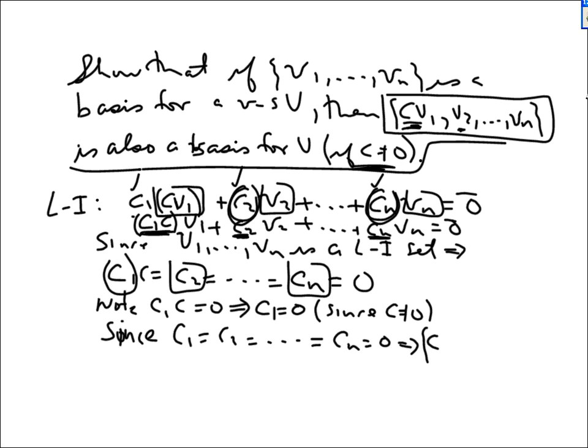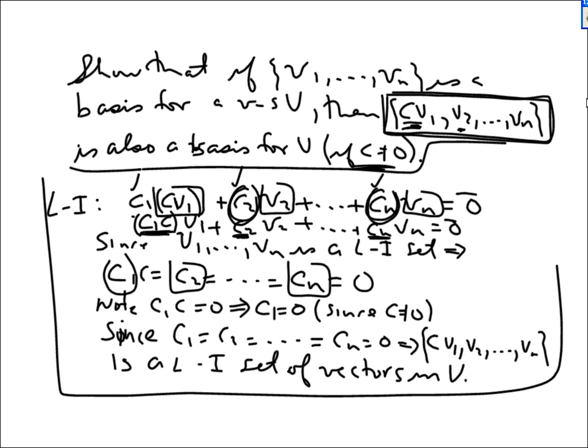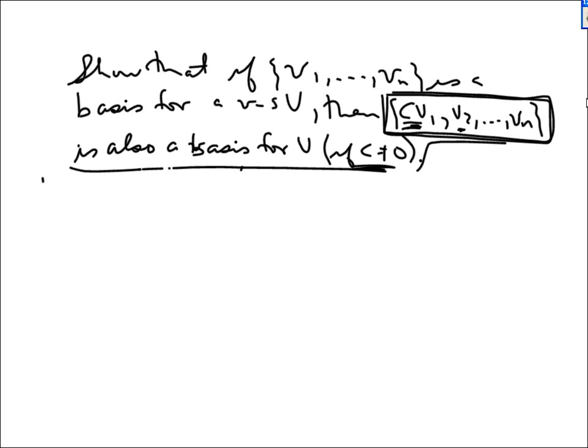That implies the set CV1, V2 up to Vn is a linearly independent set of vectors in V. Okay, so I just showed that this set here is linearly independent. Now I need to show that it spans. I need to show that that set of vectors spans.